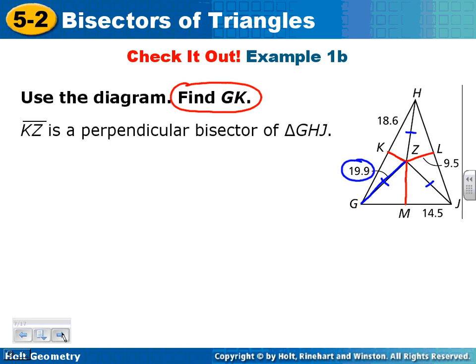So what would be from G to K? Let me erase that. I don't need this one. I want to show that this part right here is 18.6. That means from G to K would also be 18.6, because that side is split in half. It's a bisector.